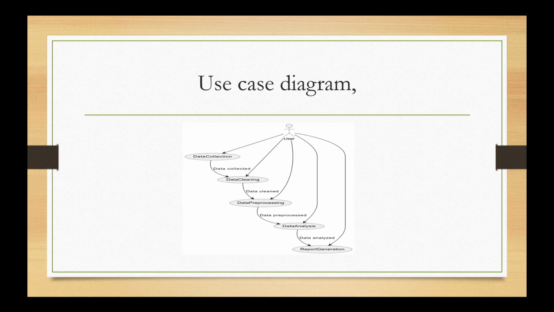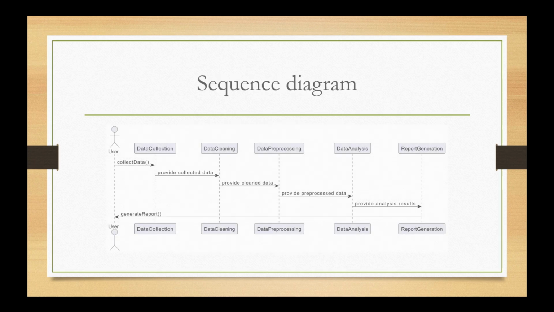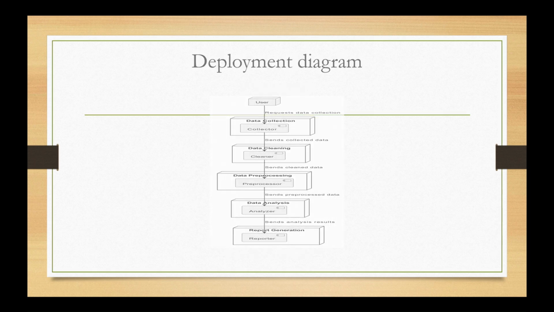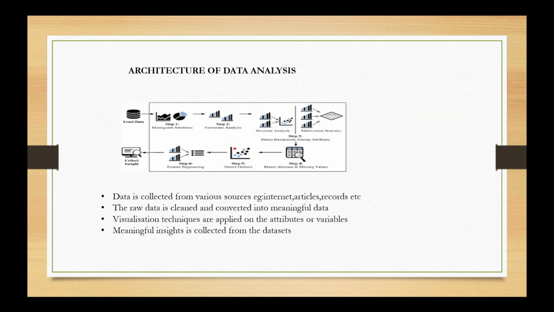These are the diagrams here: use case diagram, class diagram, activity diagram, sequence diagram, ER diagram, state machine diagram, deployment diagram, and this is the architecture for our project. Basically, the diagrams you have watched now and the architecture will mostly be similar, because in EDA, what does EDA majorly do?